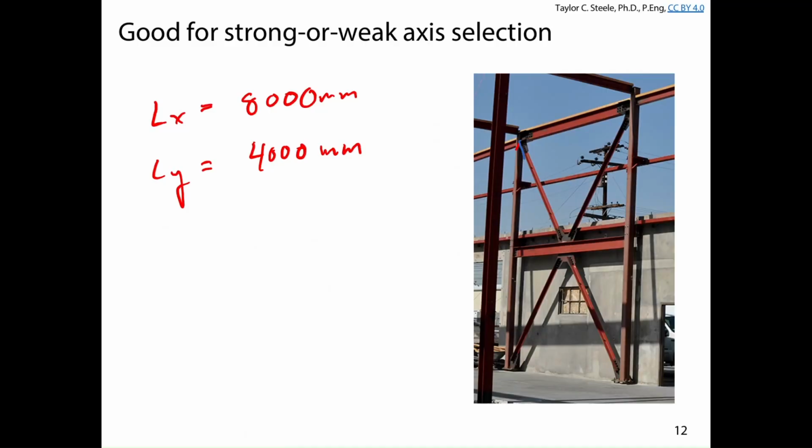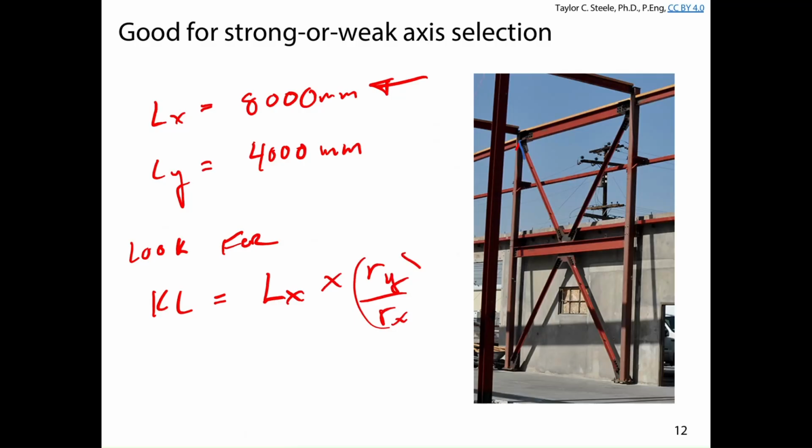What we're going to do in the table, if we want to figure out the corresponding strength from the handbook, is look for a value of KL, which is Lx multiplied by Ry over Rx, or we can simply say Lx divided by the Rx to Ry ratio.